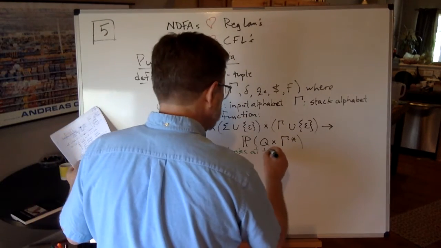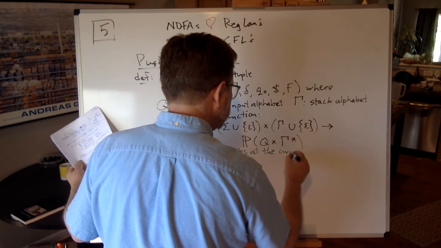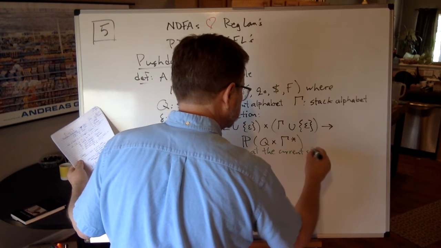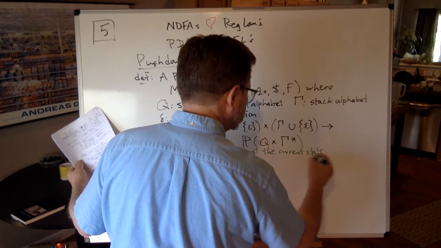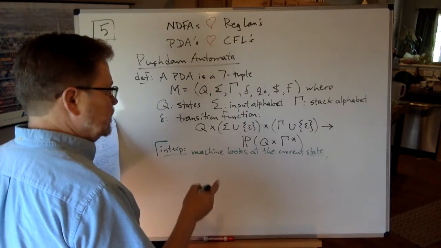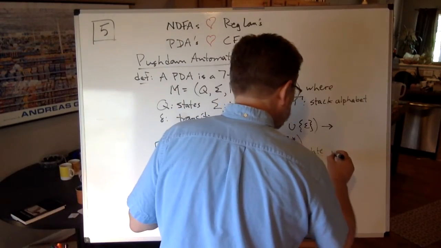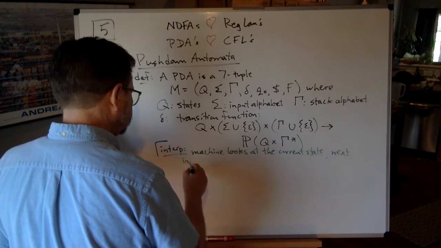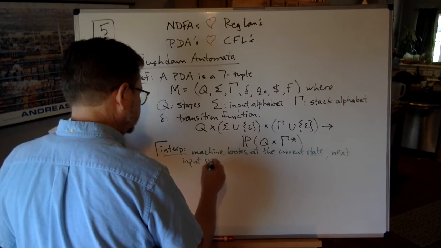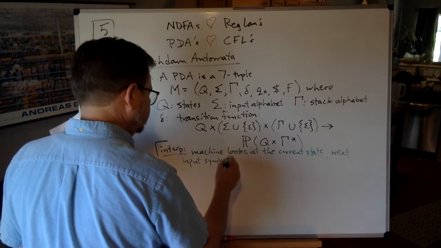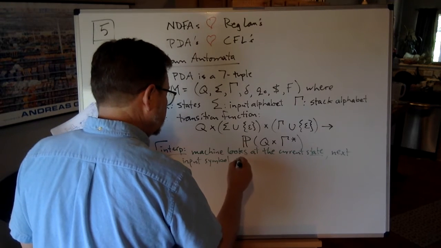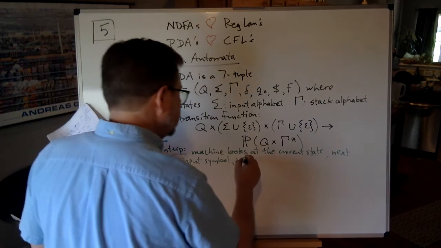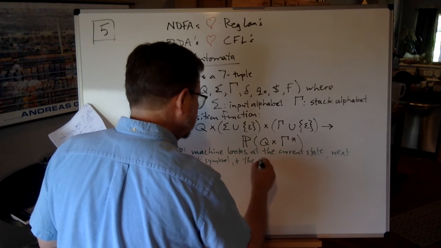It looks at the current state, it looks at the next input symbol, and the symbol on top of the stack.